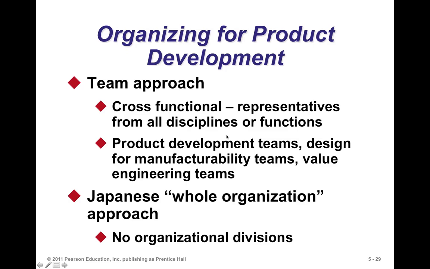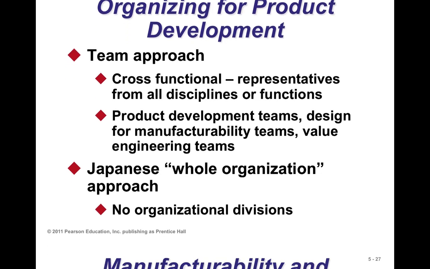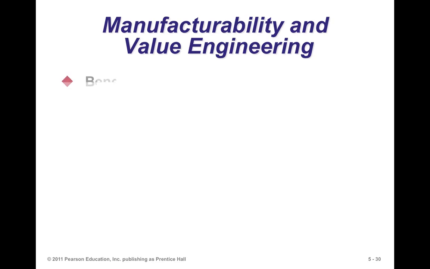It might take a bit longer because you're working with this committee, but you get a better product because you could try to avert a number of challenges by having all of these team members from different functional areas. And then the Japanese take what they call a whole organization approach, no organizational divisions. So everybody gets involved in the design of that product or service.